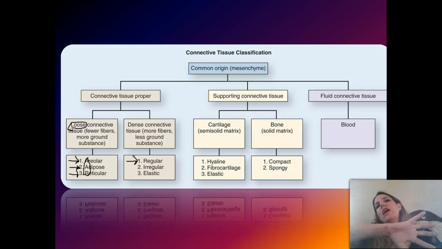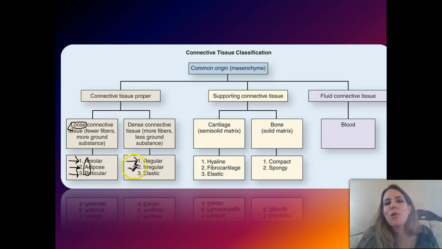But if those fibers are dense, there's lots of them, but they're all kind of doing their own thing, that is an irregular array of fibers, and so we call that dense irregular connective tissue.